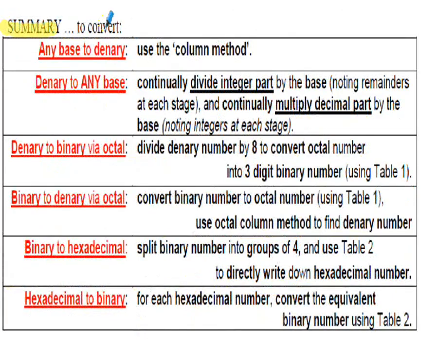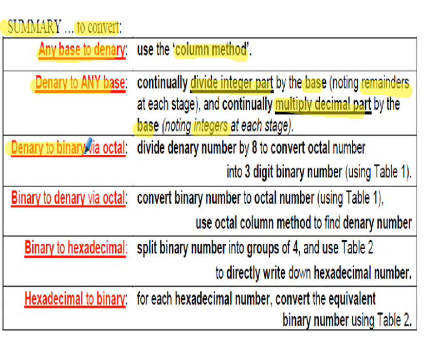So in summary, to convert any base to denary, we always use the column method. To convert denary to any base, we continually divide the integer part by the base and note the remainders at each stage, and we continually multiply the decimal part by the base, noting the integers at each stage.